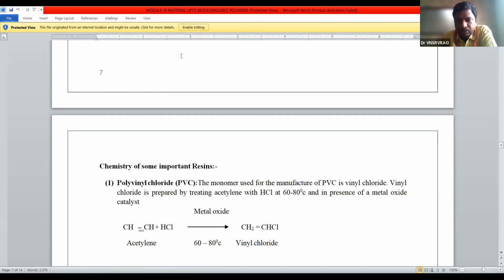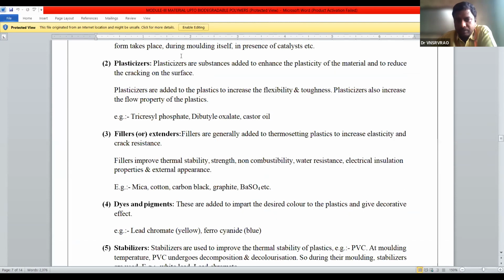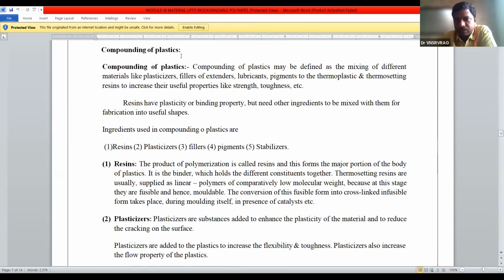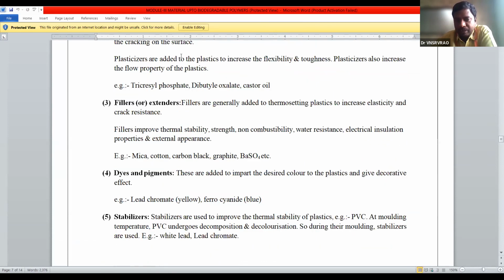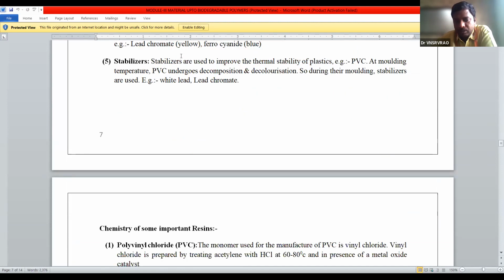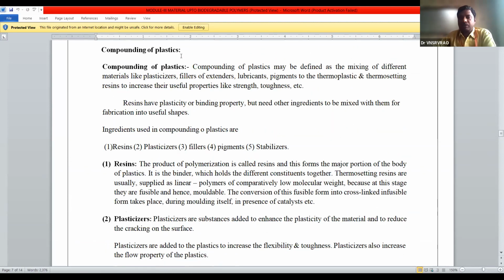So these are the five types of external ingredients used to improve the strength of the plastics. That process is nothing but compounding of plastics. We see various examples in each category. This is also an important topic from the examination point of view, either in CIE or semester end examinations.